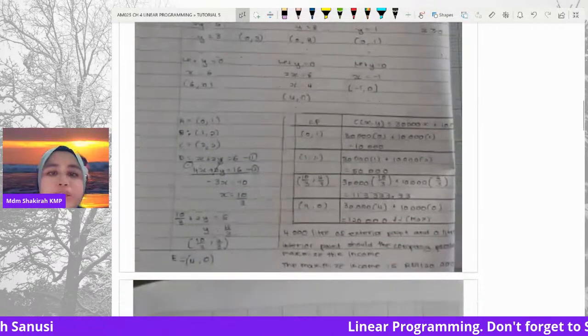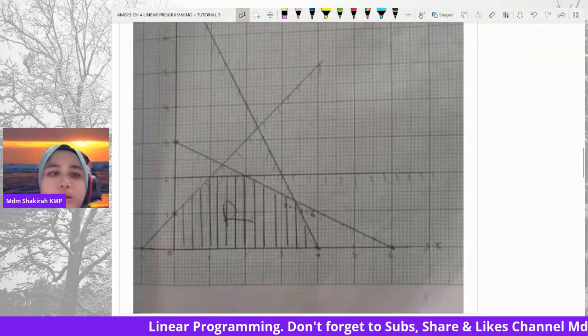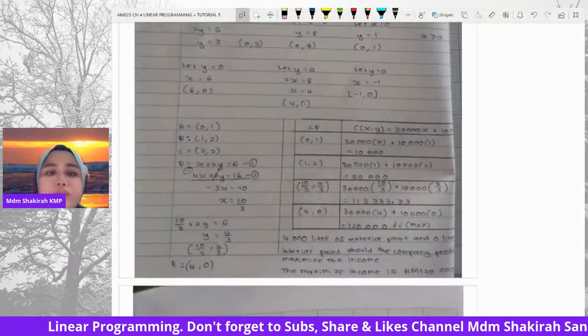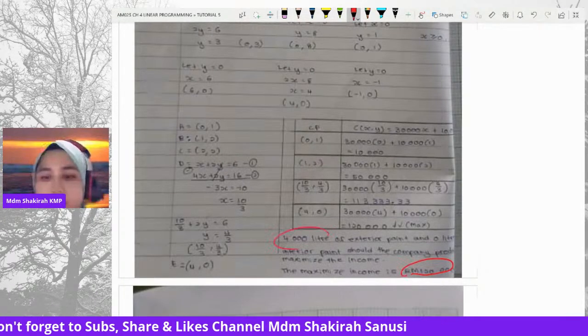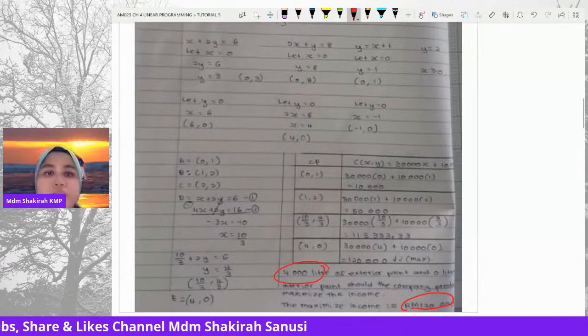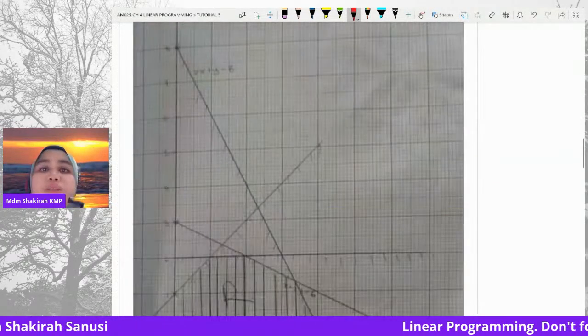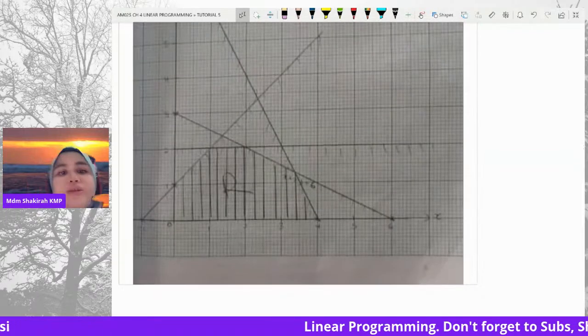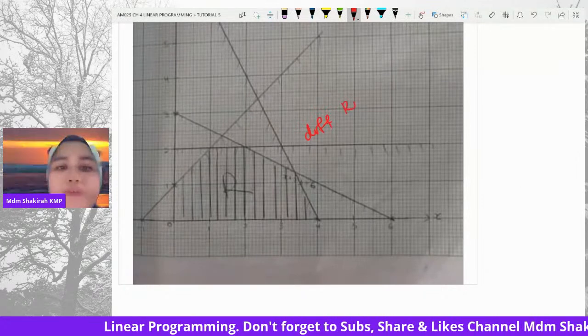Bila macam ni lah, dia akan kacau awak punya data, awak punya graph. Okay, as you can see, dapat jawapan yang sama. Tapi secara konsepnya sepatutnya kita tak boleh guna 1,000 dah sebab kita dah guna ratio 1,000 dekat table. Okay, nampak jawapan seperti sama tetapi different region.